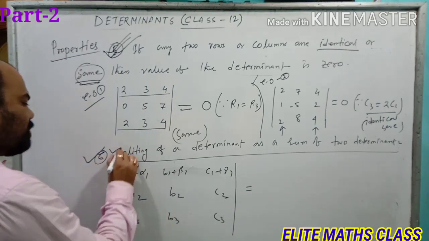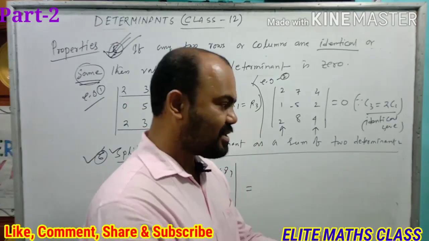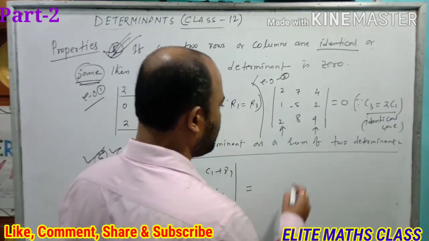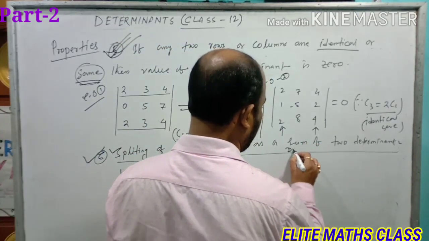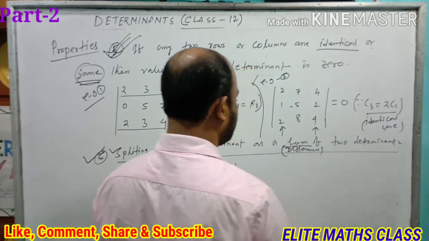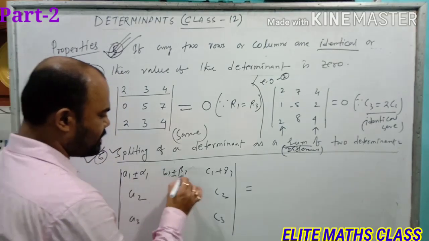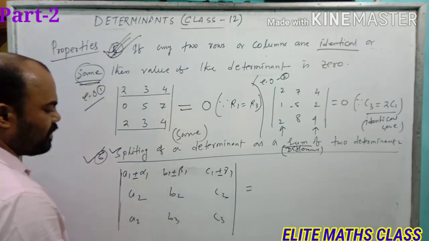Now the question is, you have to split this determinant into two determinants as a sum of two determinants, or you may express as a difference of sum or difference of two determinants. So let us take, in a general case, these are plus minus.